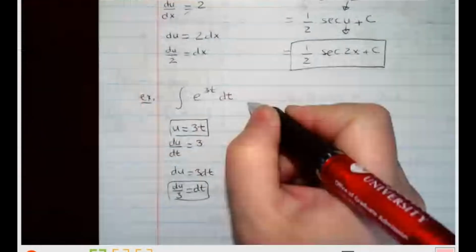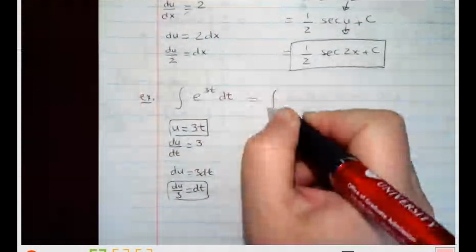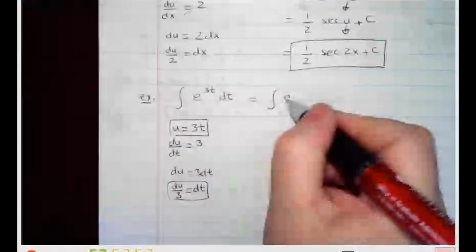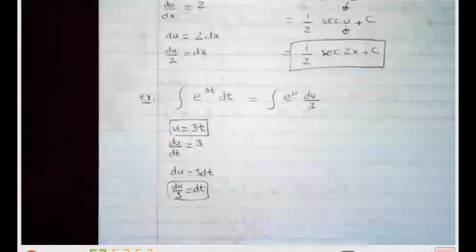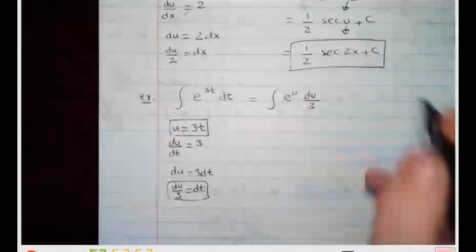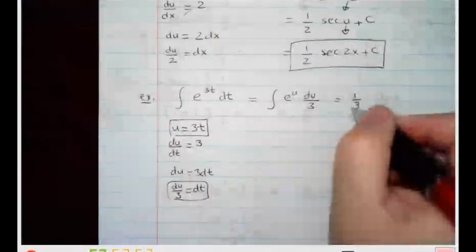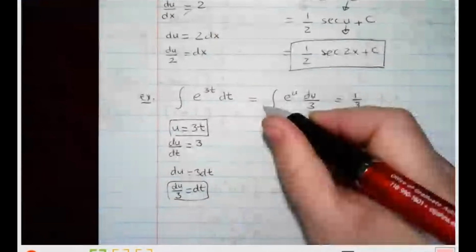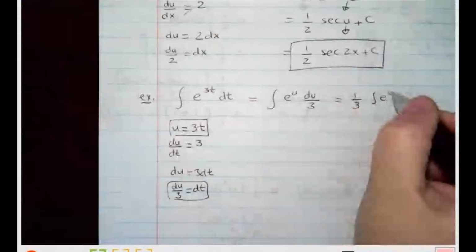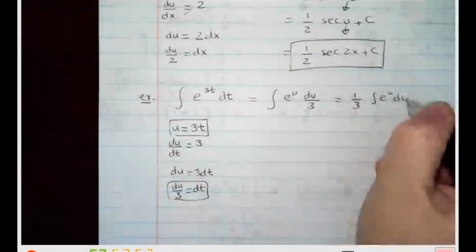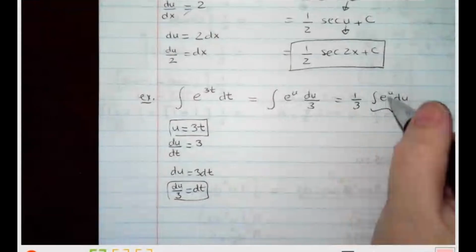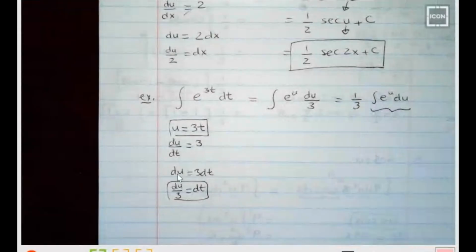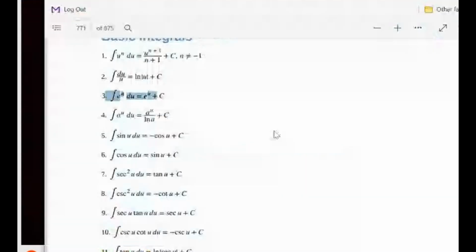The integral will be equal to e to the u du over 3. Again, take this 1 over 3 outside the integral. So we have e to the u du. And the table of integrals, if you check it out again, the integral of e to the u du was itself.